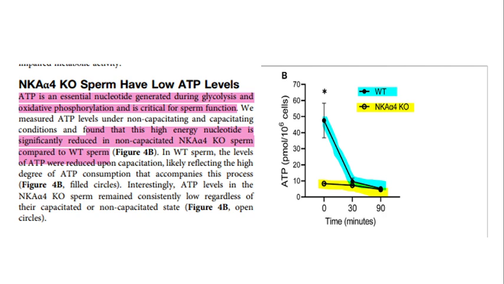The yellow one doesn't have a downward part of ATP. The blue one is the control. You have a consumption of ATP, and it's getting down because it's being consumed. In the yellow one you don't see this. It's all flat, so you don't see the use of ATP levels.